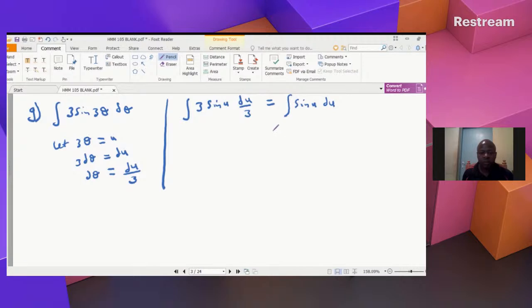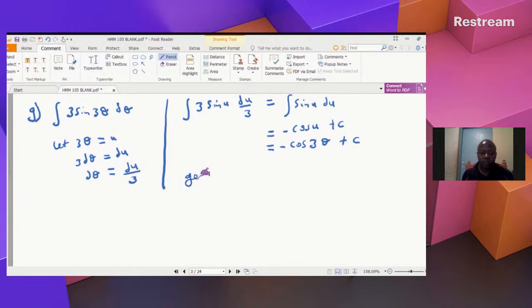But the integral of sine of u, we said, is negative cos of u plus constant of integration. But what was u? U was 3 theta. So that is negative cos of 3 theta plus constant of integration.